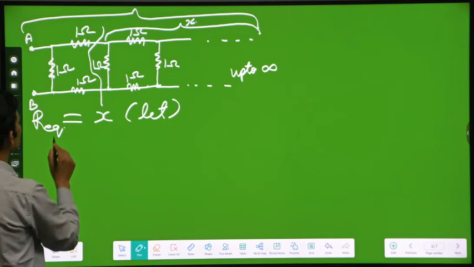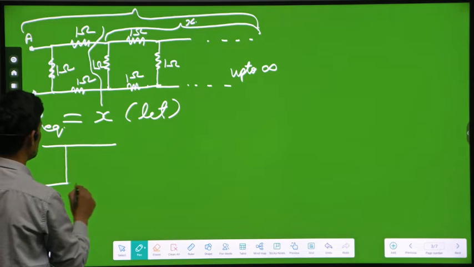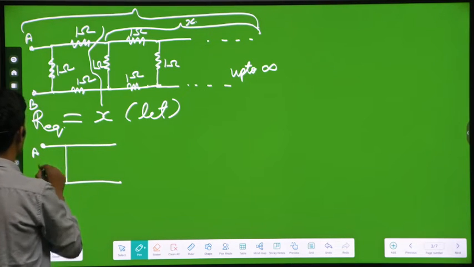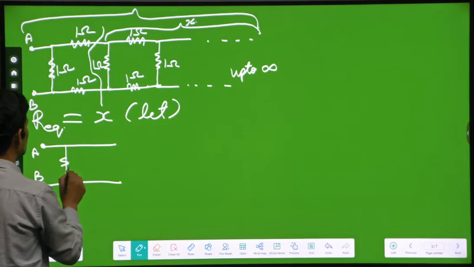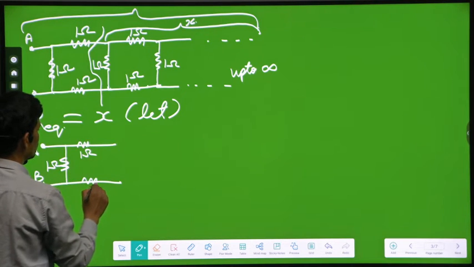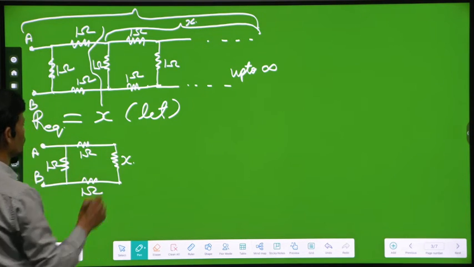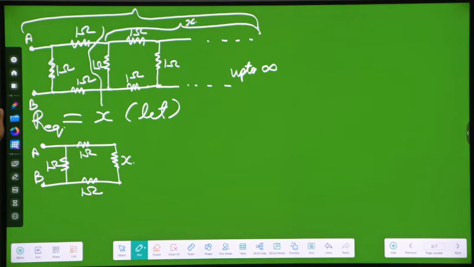So I am replacing this circuit with this circuit. Now this is our circuit.